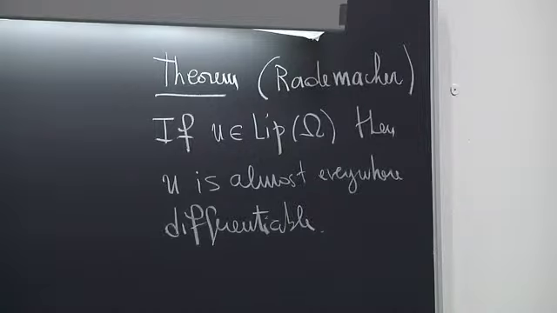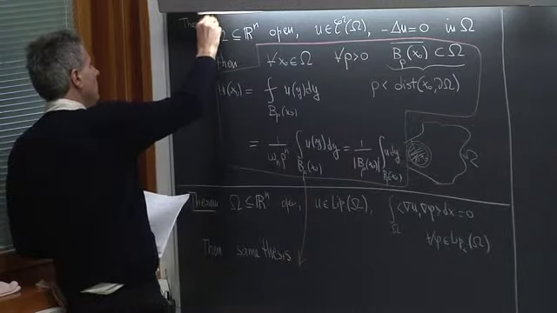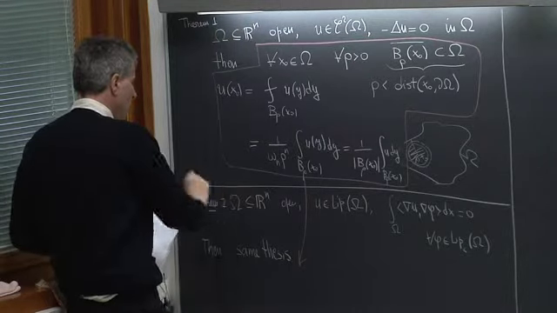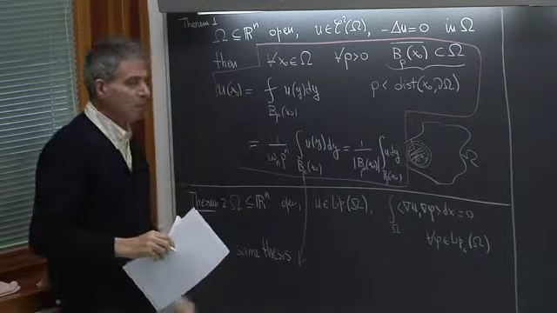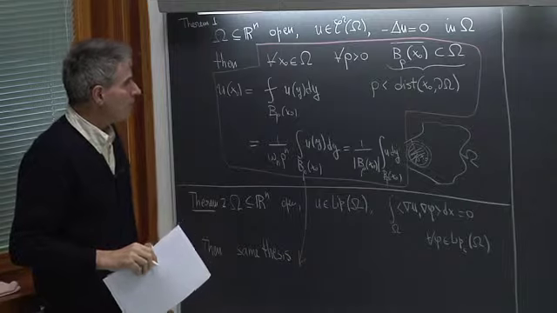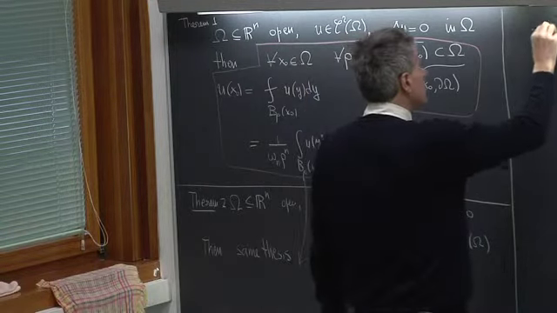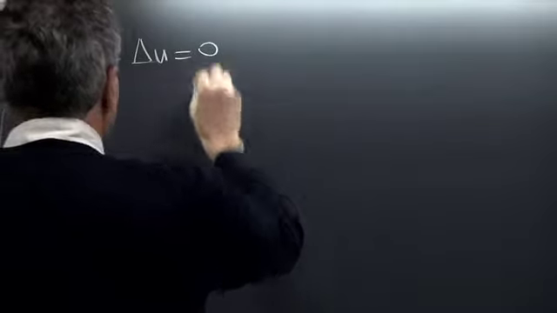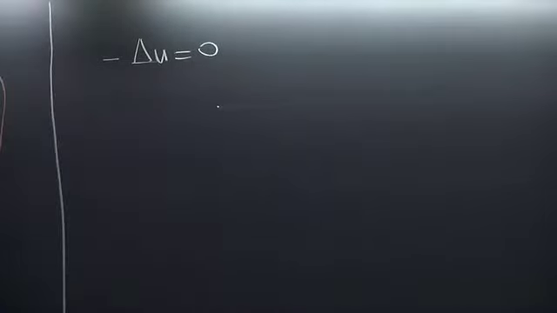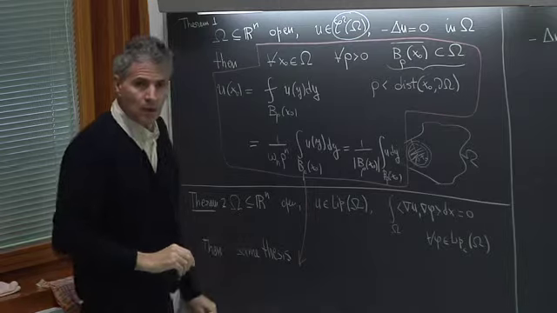What does this theorem mean? Let us compare theorem 1 and theorem 2. In the assumptions of theorem 1, we know that this is equal to 0, but more importantly, maybe, there is a strong assumption here in theorem 1.